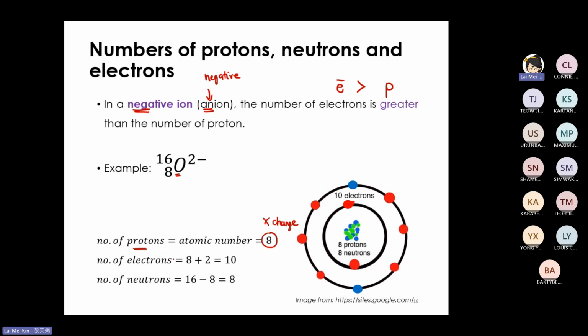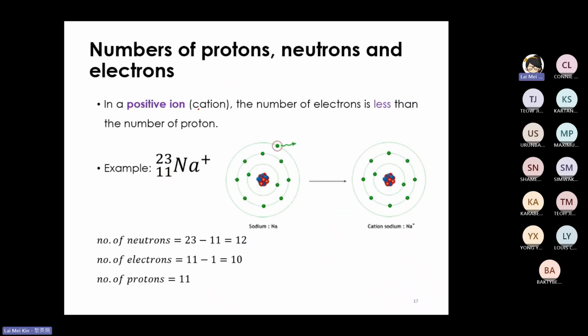Originally in neutral, my electrons are 8, same as protons. But now I have a 2 minus charge, so I add 2 electrons, giving a total of 10 electrons. Meanwhile, number of neutrons as usual is nucleon number minus proton number, so I will have 8.